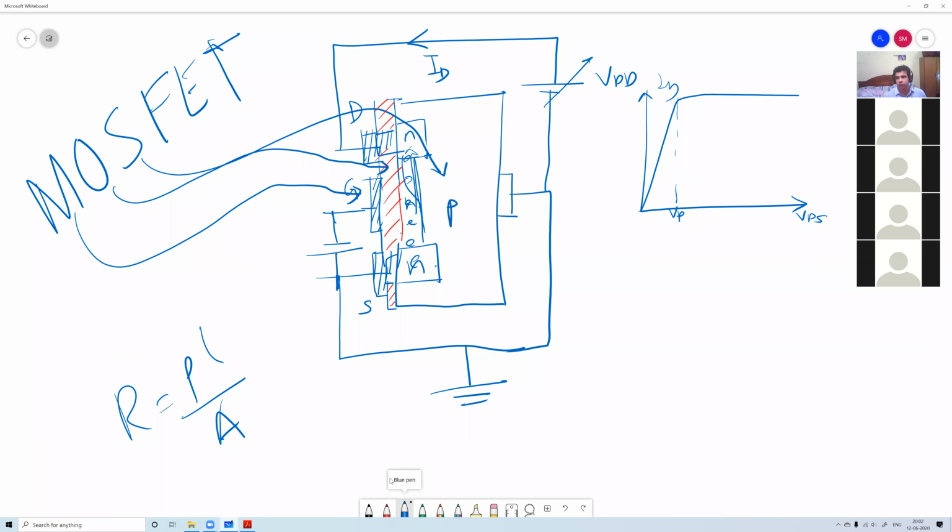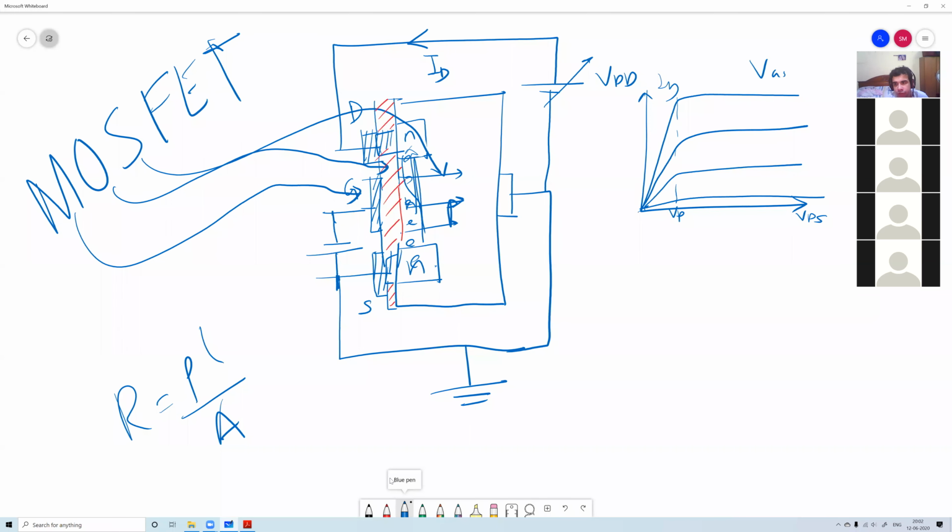It will push the electrons away from near the gate further into the substrate. So the electrons move this way, and the channel narrows. So the pinch-off is attained at a lower voltage. Sorry, the pinch-off current is lower this way. It follows the same graph as for the JFET.